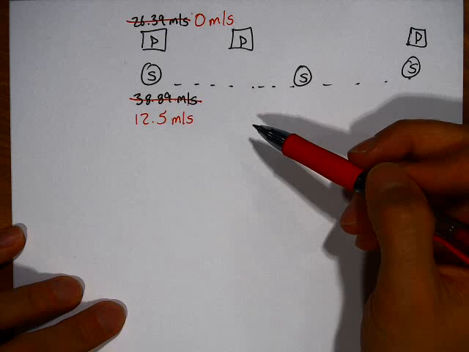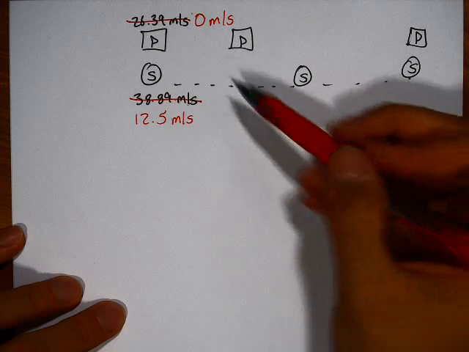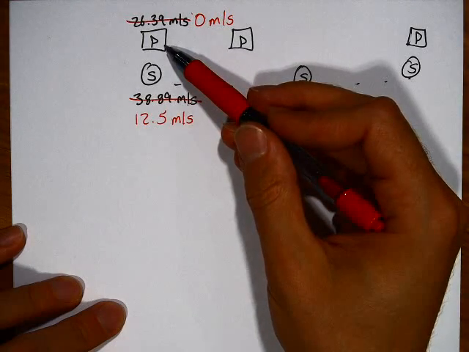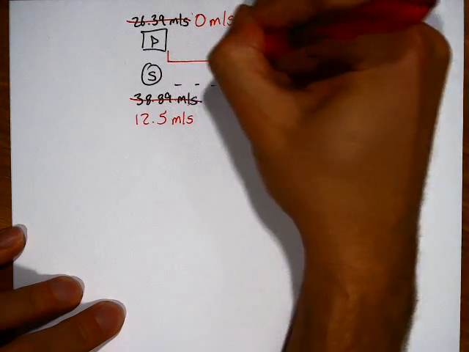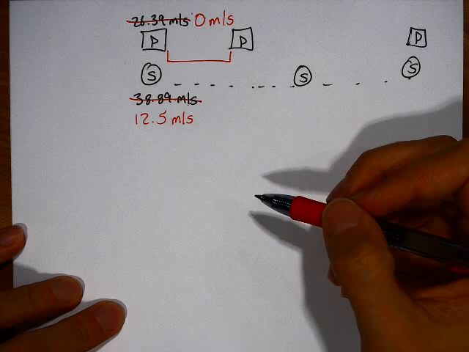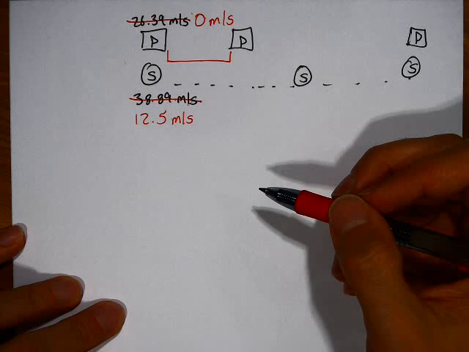So it's basically like the policeman is at rest for 1 second, and then after that 1 second starts to accelerate at 2 meters per second squared.